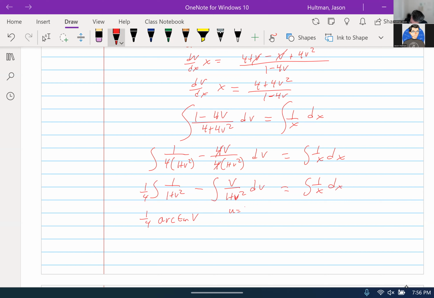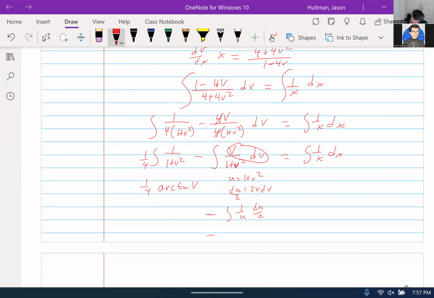So u is equal to 1 plus v squared, du is equal to 2v dv. There's my v dv right there, and so I just need to divide by 2. So this is minus the integral of 1 over u du over 2. This just becomes minus 1/2 natural log of u.